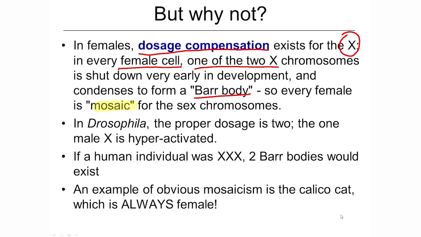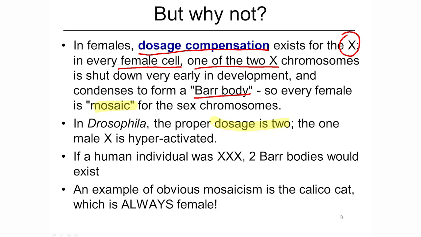In Drosophila, just because you know the difference between the human and mammalian sex determination system and the Drosophila system, it turns out the proper dosage is 2. And I only mention that to show you once again, things don't work the same way in all organisms, at least in this respect. So an opposite thing is done.